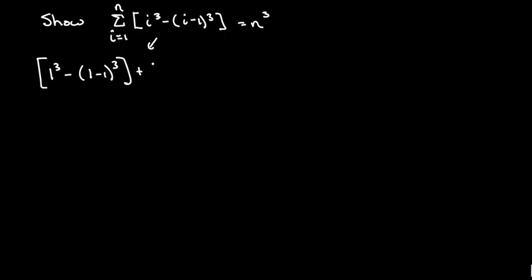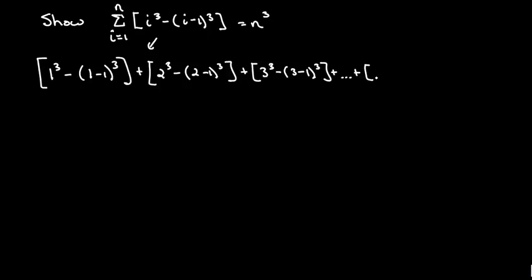Now the second guy would be 2 to the third minus 2 minus 1 to the third. Now the third guy would be 3 to the third minus 3 minus 1 to the third. And now let's go one less than n.